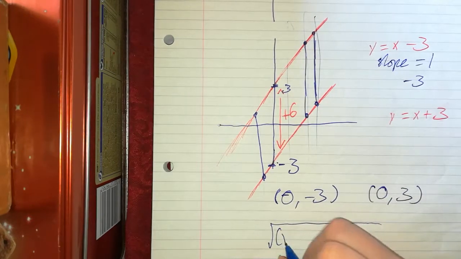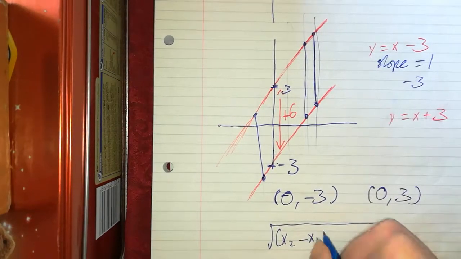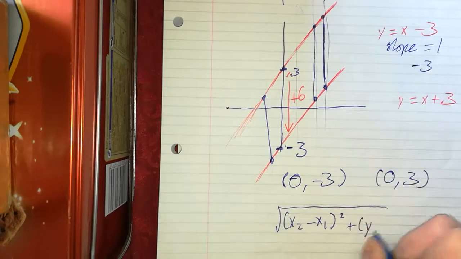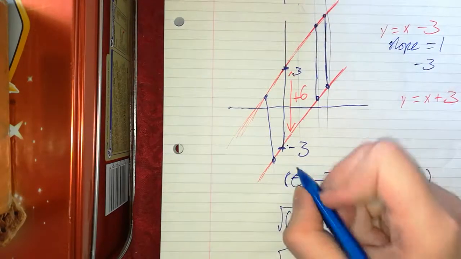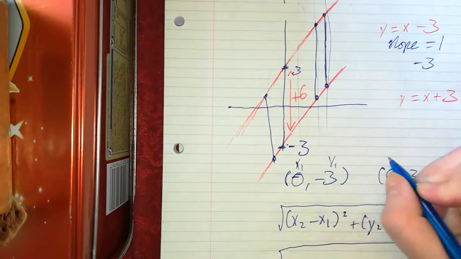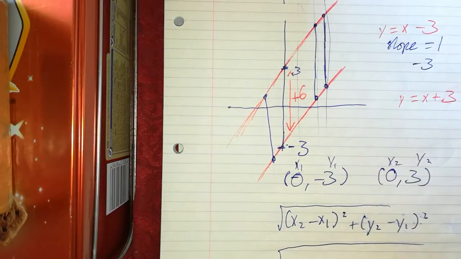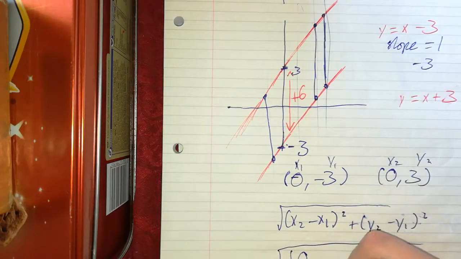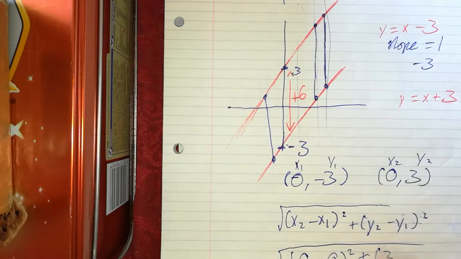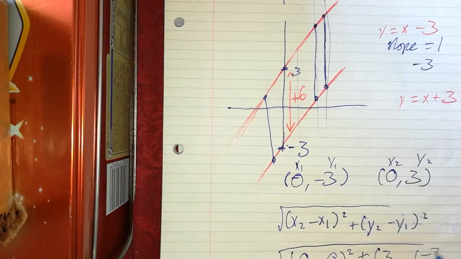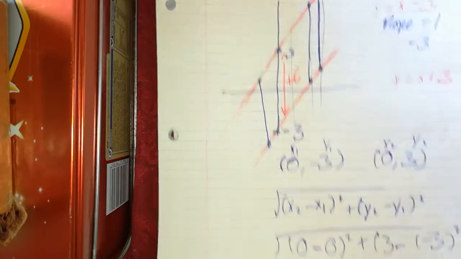So the distance is the square root of (x2 minus x1) squared plus (y2 minus y1) squared. Say I call this x1, y1, and this x2, y2. So x2 is 0, minus x1, so 0 minus 0. And then y2, which is 3, minus y1, so minus -3, squared.